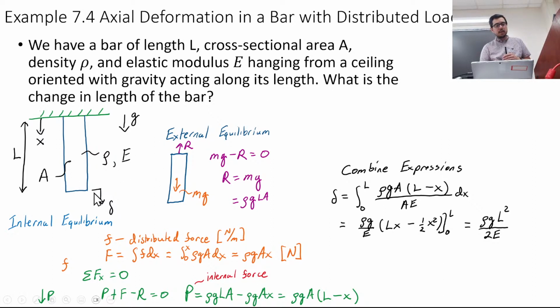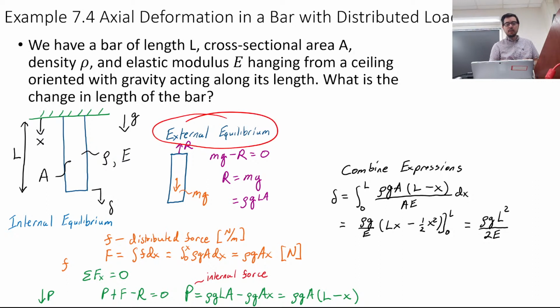What's going on here? When we do the external equilibrium, this one's a little more intuitive. We have a reaction force here, and everyone's like, oh yeah, now I know, it's just mg. That's because that's the total mass of the object times gravity, which is acting on it.